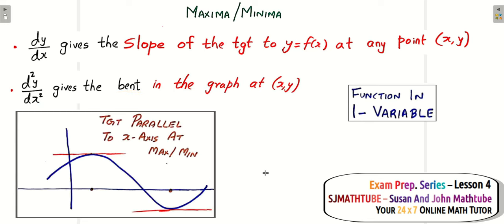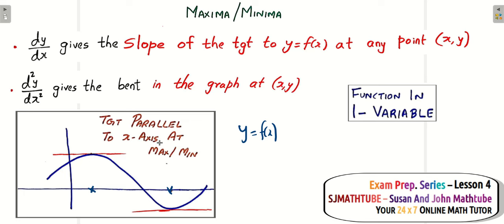Now I want you to imagine a rough graph of the function y equal to f of x, and I want you to notice one thing. At the maximum point, which corresponds to this in the x-axis, and at the minimum point, which corresponds to this in the x-axis, the tangents are parallel to the x-axis.